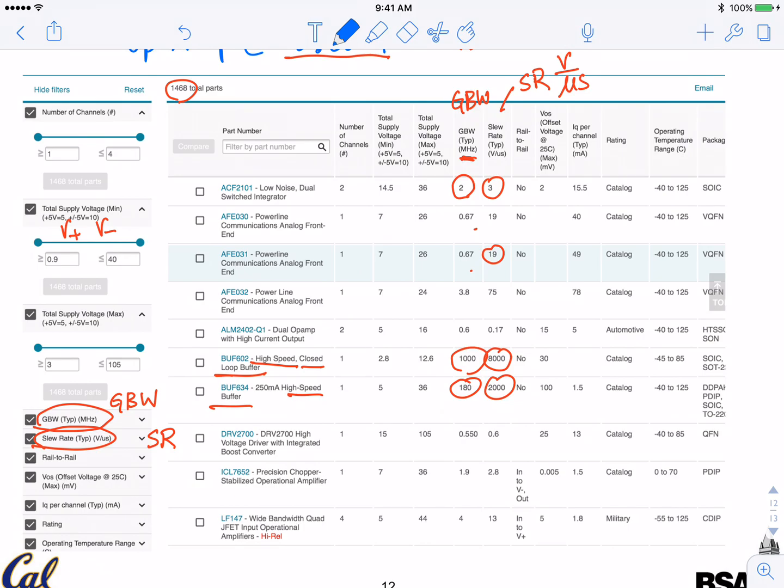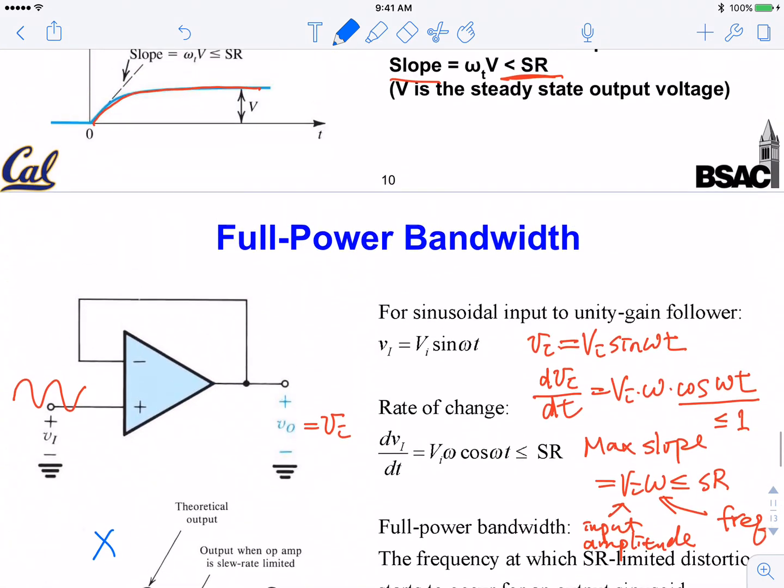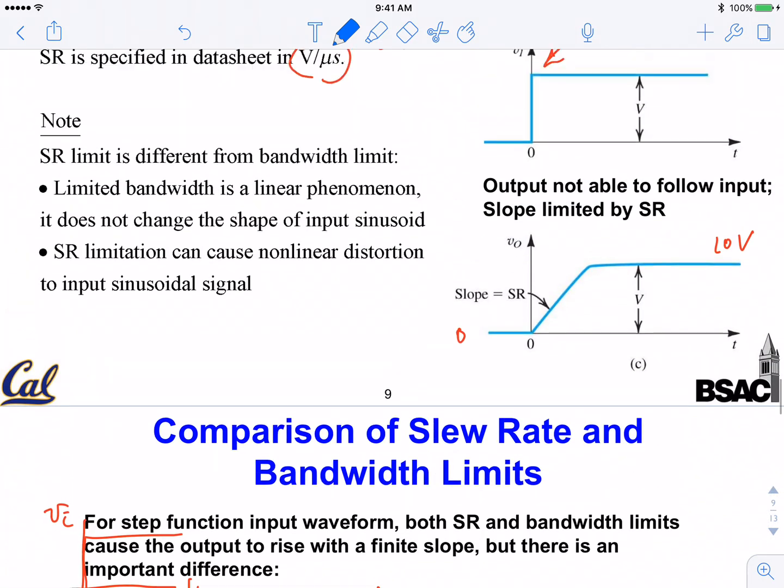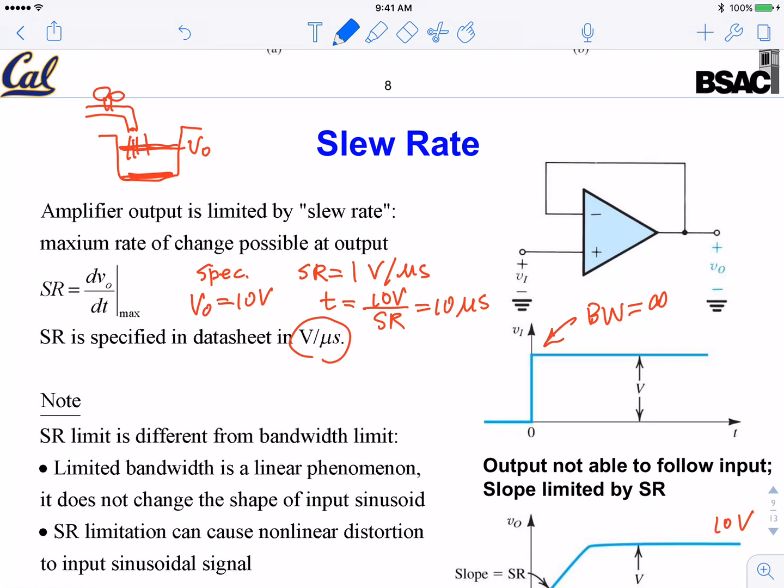So slew rate is not related to the bandwidth. When you think slew rate, think the op-amp just has a finite current drive capability. In order to reach the output voltage, think of voltage as the height of the water level in a tank.